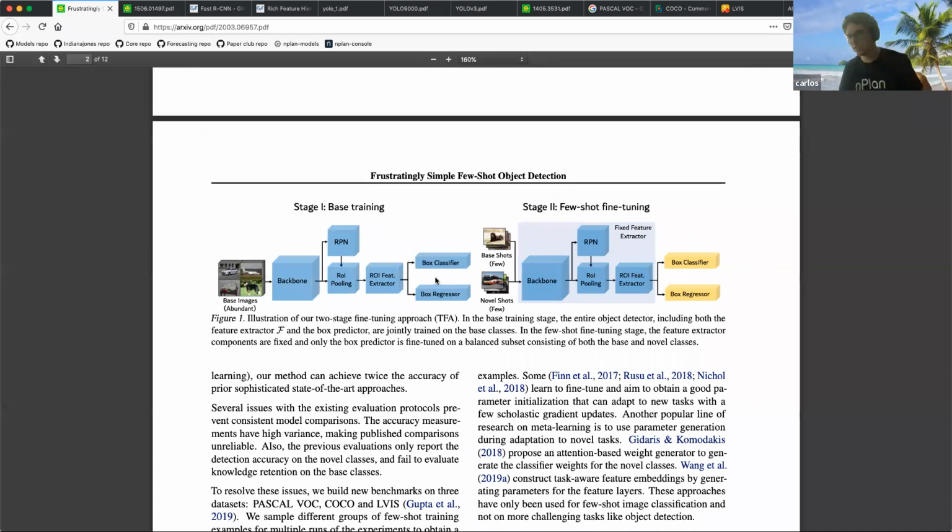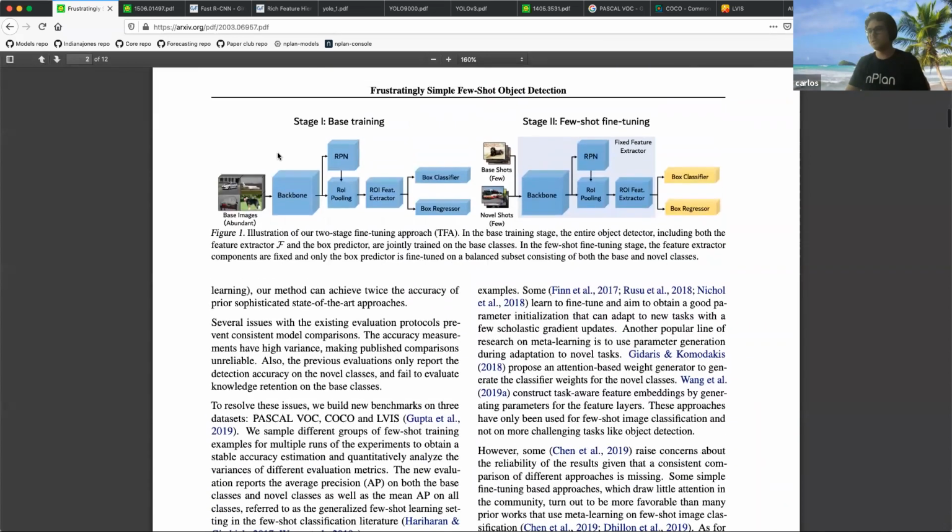So the first thing that they propose is to do a two-stage fine-tuning of this whole faster RCNN. The first one is with abundant images. So they train faster RCNN as it should be trained normally. And the second stage is just fine-tuning the classifier and regressor parts of the faster RCNN.